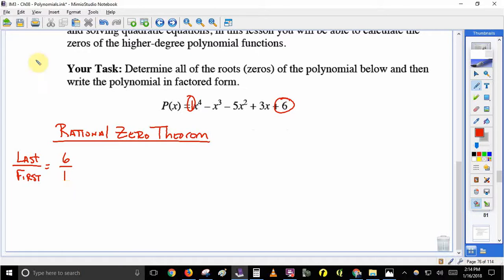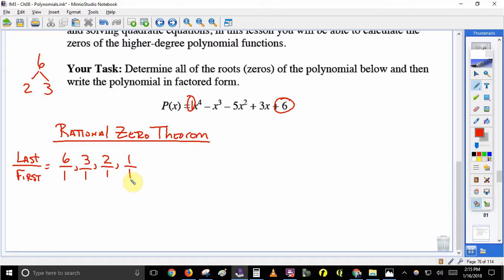So if we do a little factor tree, 6 can be factored into 2 and 3, and then it can always be factored into 1 and 6. So we have 6, 3, 2, and 1. Because our first term is 1, it only has one factor, which is 1, so it makes it a little easier.